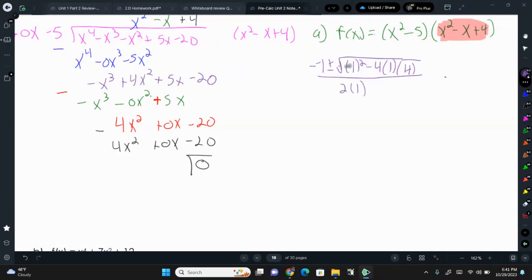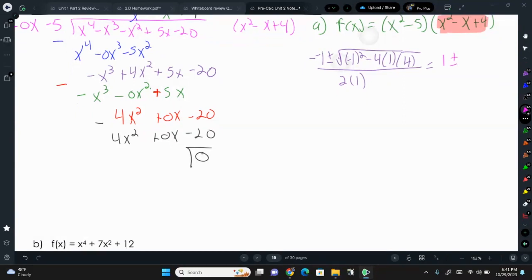So if we type that into our calculator, we get 1 plus or minus the square root of negative 15, all over 2.